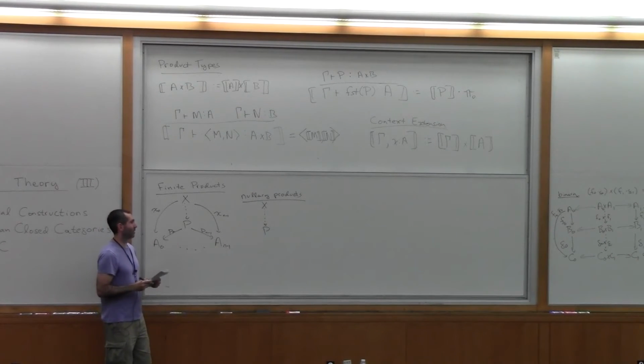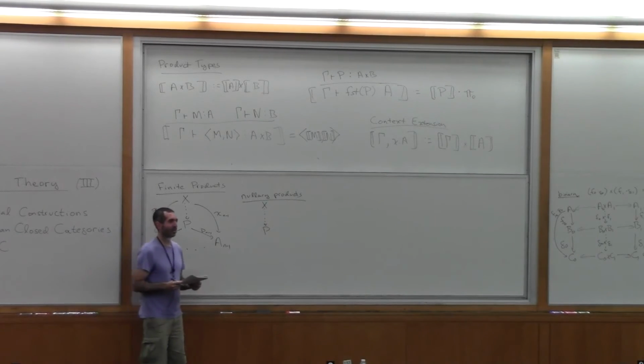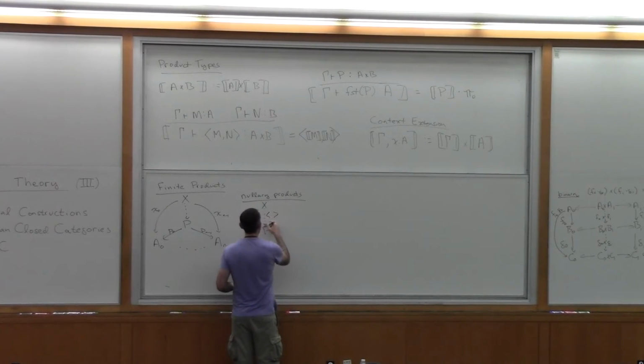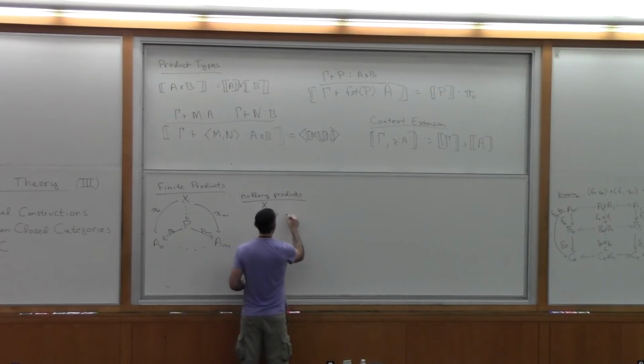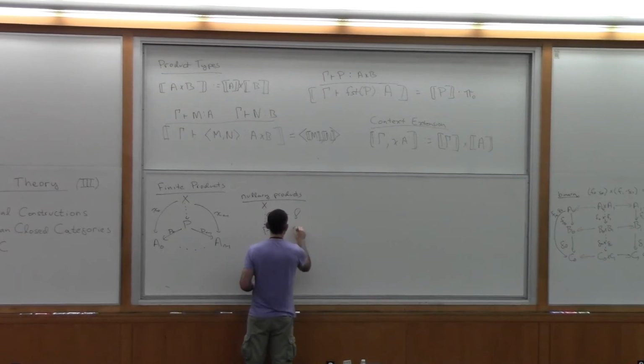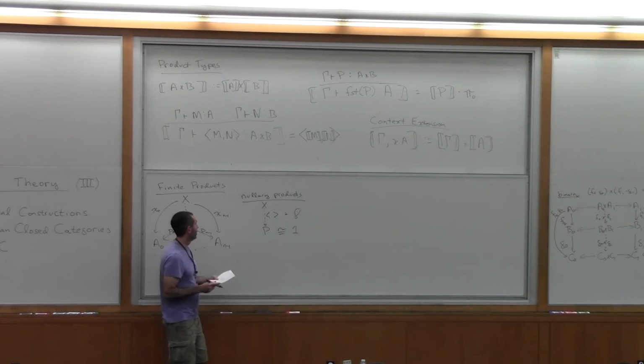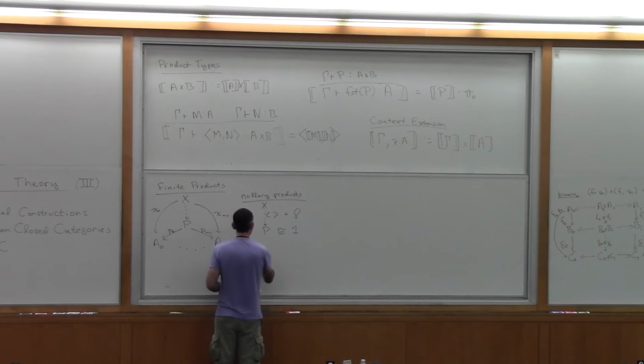So that's the universal property of a nullary product. But we already saw a construction that has the same universal property. What was that? Right. So the null tuple here, which is the universal map, is just the bang, and P, up to iso, is a terminal object, making the null tuple the bang map.